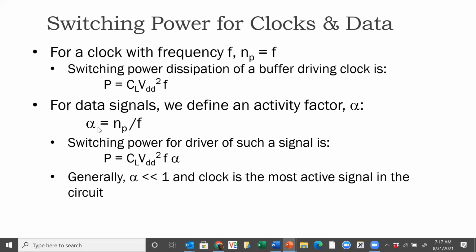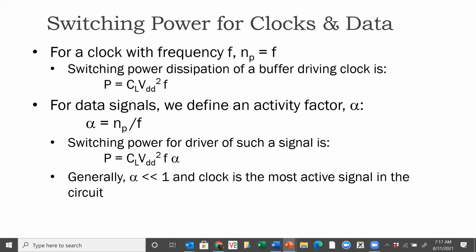Activity factor is the number of pulses per second divided by the number of pulses per second of the clock, which is f. So NP over f is alpha. Power therefore is C VDD squared f alpha, and this is the fundamental equation that's used by all tools when they're computing power dissipation in a logic circuit.